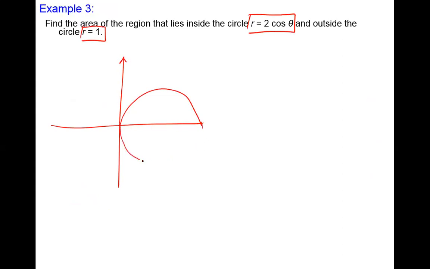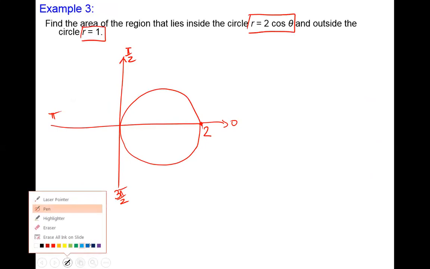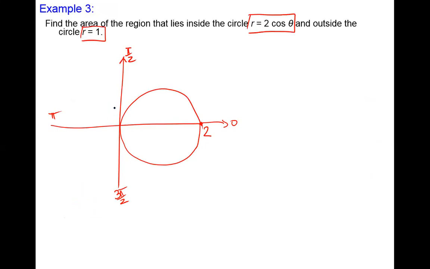Okay, that's 0, that's 90, because we are in polar coordinates. That means this is 2. I'm sorry, but it is a circle. That means this is the first one. What about the second one? We have r equals 1. Maybe I can use a different color. Actually, this is 1.